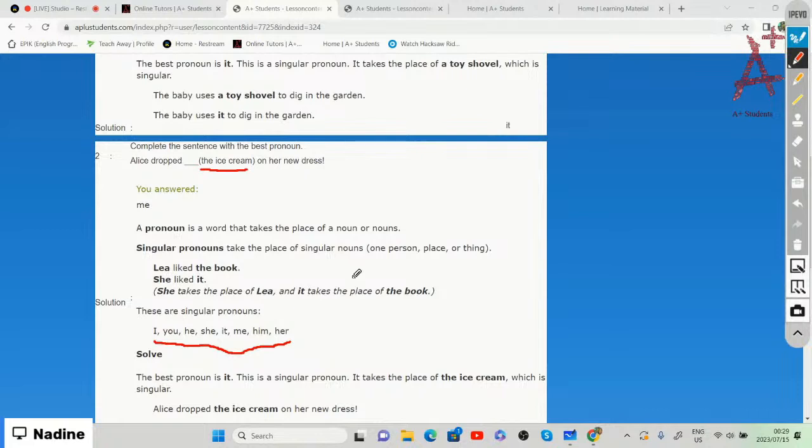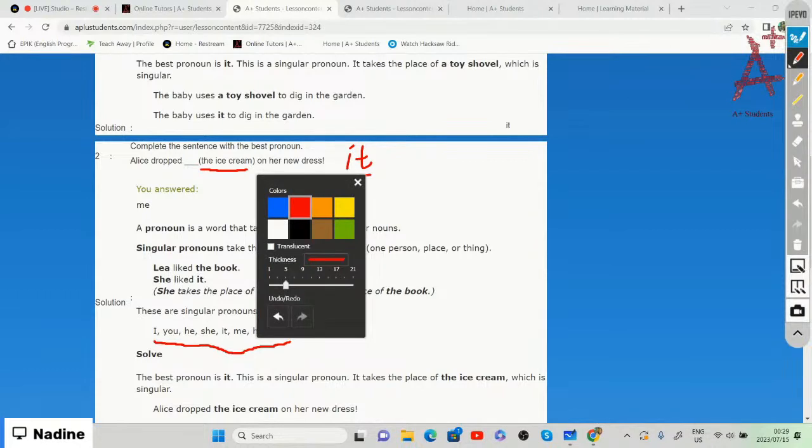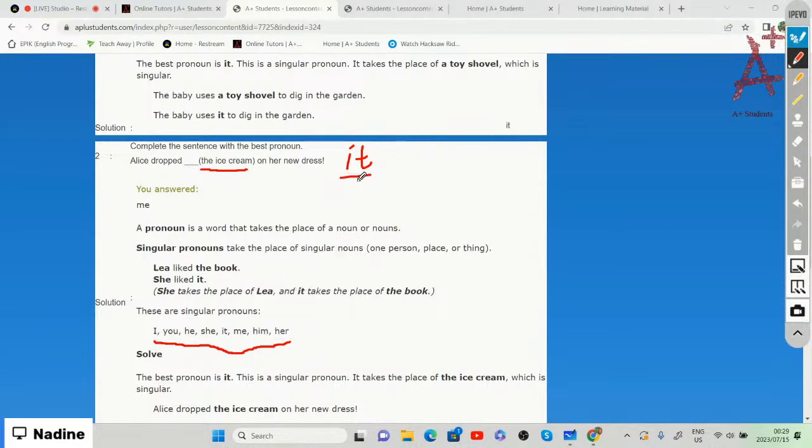We need to choose the correct pronoun. All right, so we are going to say Alice dropped it, right? And it is the singular pronoun which replaces the ice cream. So we will say Alice dropped it on her new dress.